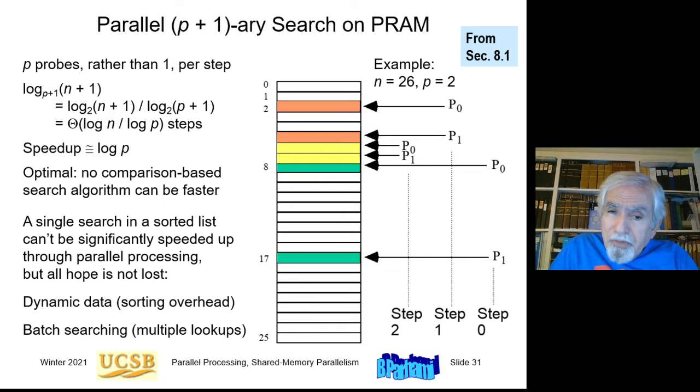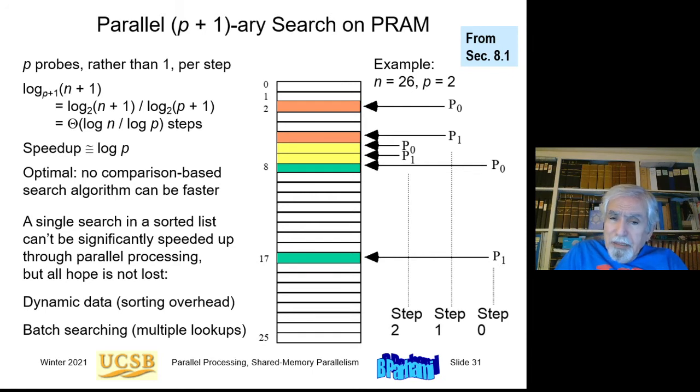Look at the middle of the list, the center element of the list, and see if the element that you are looking for is there. There are three possible outcomes. The element is there, in which case you are done.